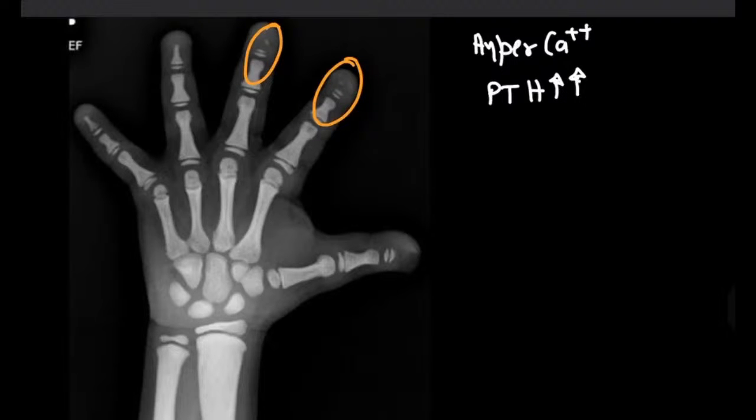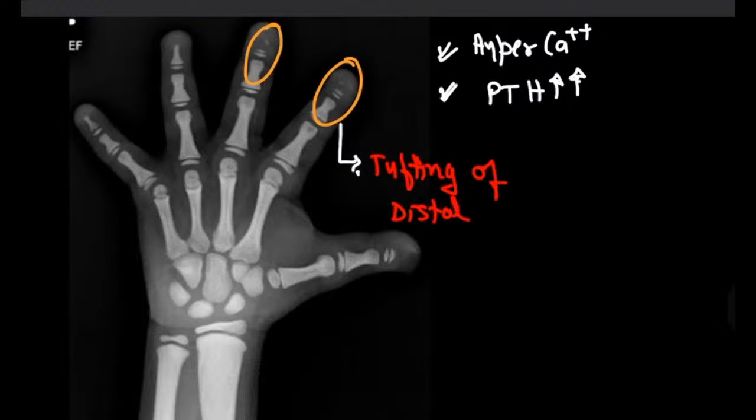So there's a child coming with hypercalcemia and hyperparathyroidism, and you have the tufting of the distal phalanx. What you're seeing over here is referred to as tufting of the distal phalanx.